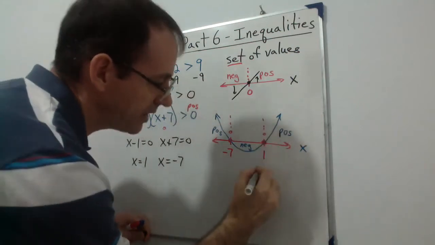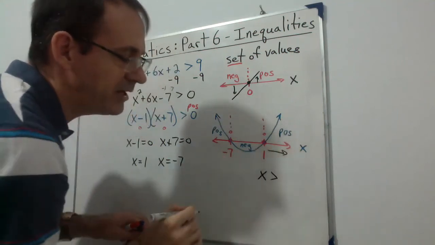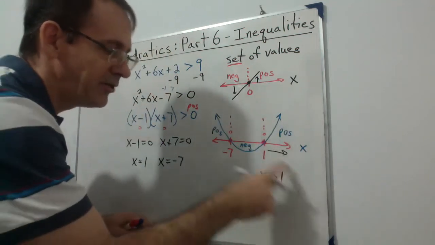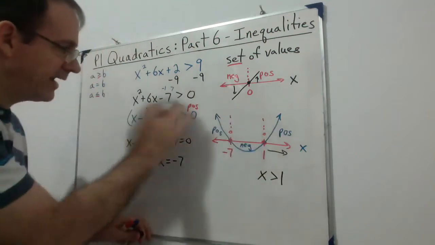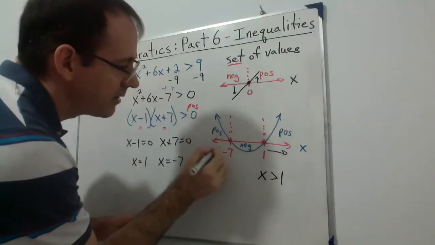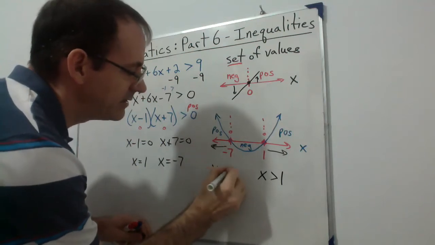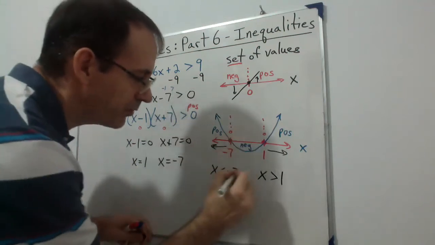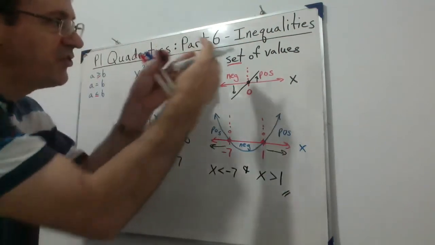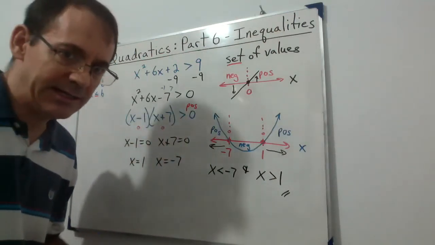This positive section starts at 1 and goes this direction, or greater than 1. So x greater than 1 is one set that will provide us with a positive outcome. And we also have this direction. So we have x going this way, less than -7. Both of these are our set of values that satisfy the quadratic inequality.